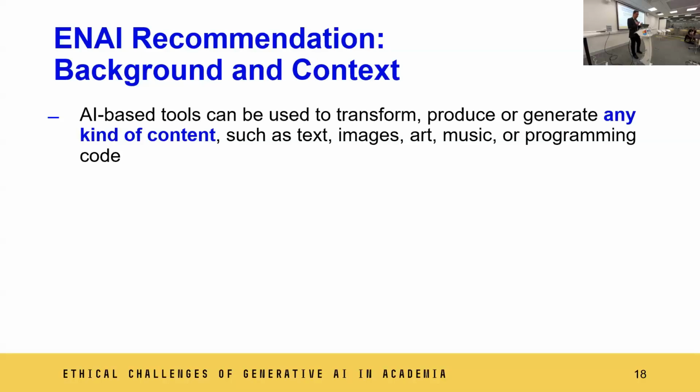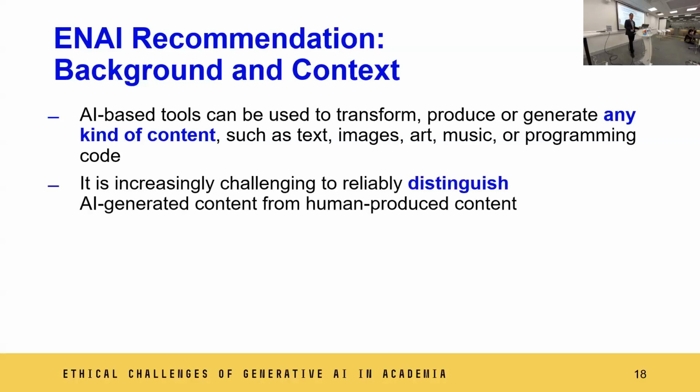Basically any output that we want from students to complete the course can be generated by AI. And it's challenging, technically even impossible, to reliably distinguish AI-generated content from human-produced content. So even though there are some AI tools that can do that, it's always just that this AI thinks that the text was produced by another AI, but there is no evidence.